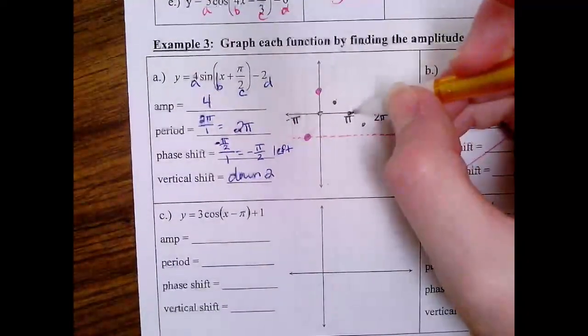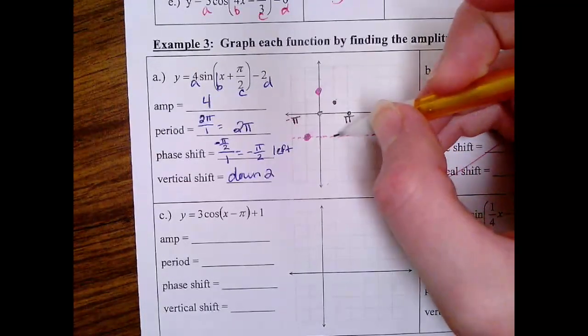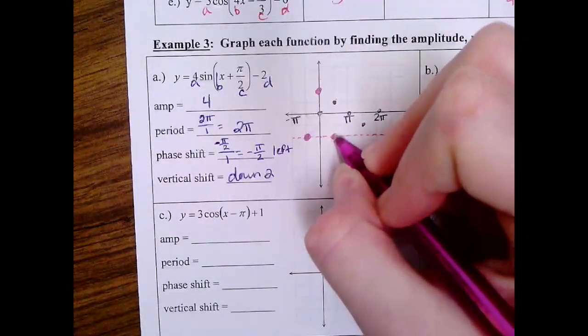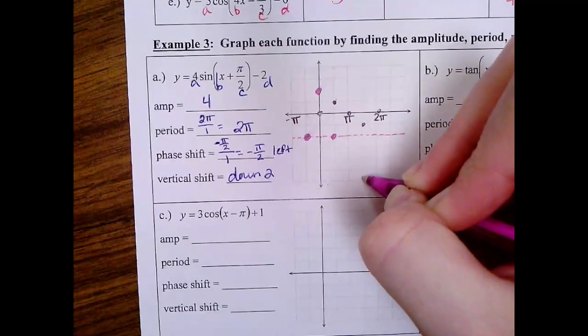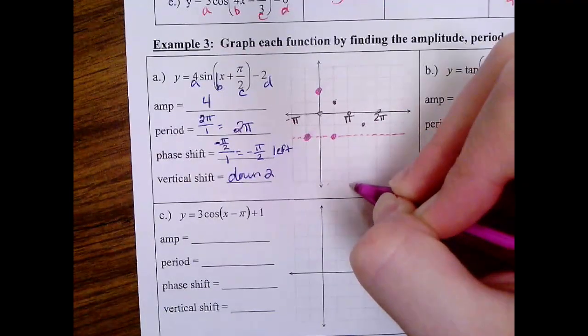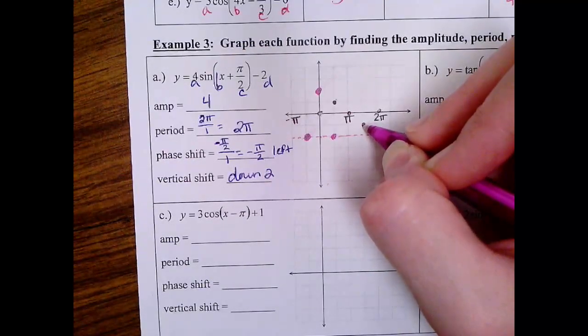All right, this point, 4 times 0 is 0. Over half, over 1, down 2, right here. This dot times 4 is negative 4, so it would be down here. Over half, up to, well, no, I'm confusing myself, sorry.